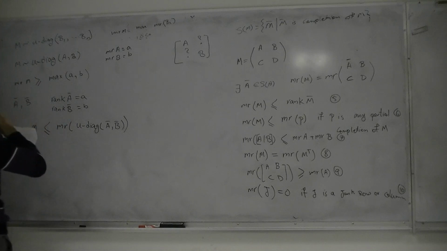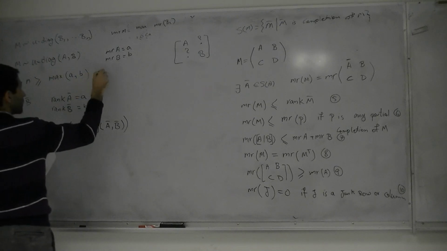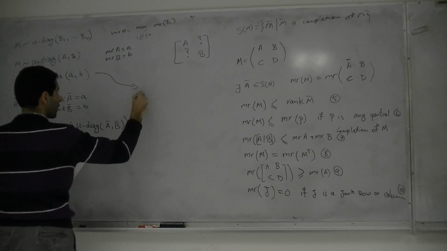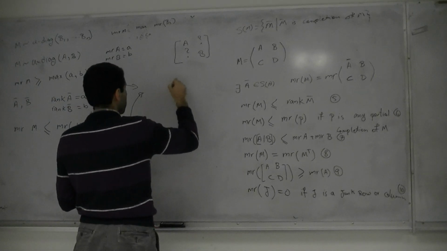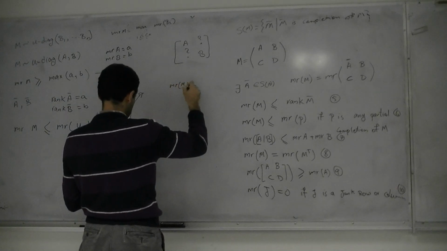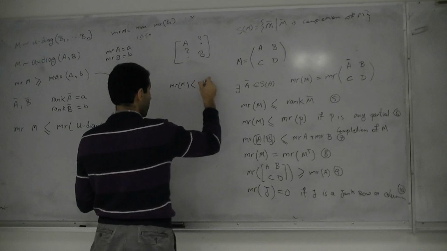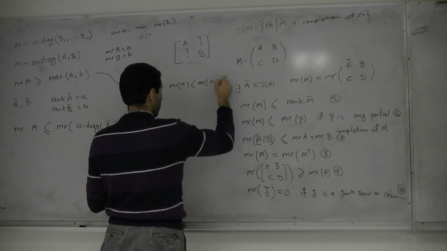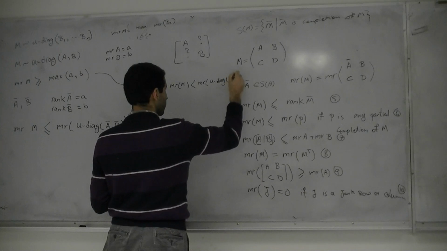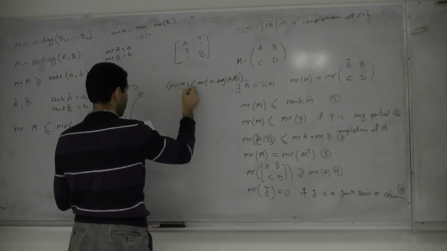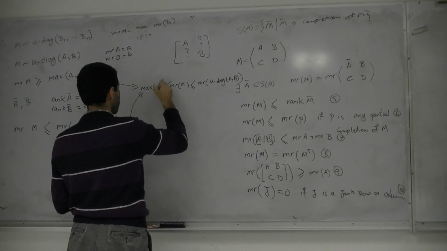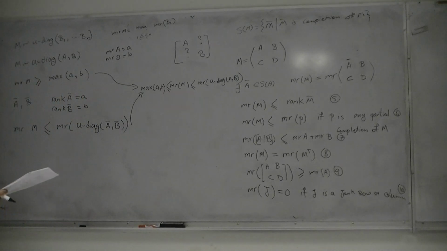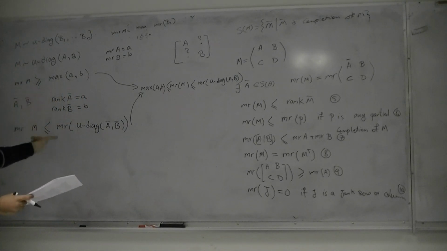And we have this one and this one, and based on these two, we know the minimum rank of M is between the maximum of each element and the rank of the completion of each submatrix.